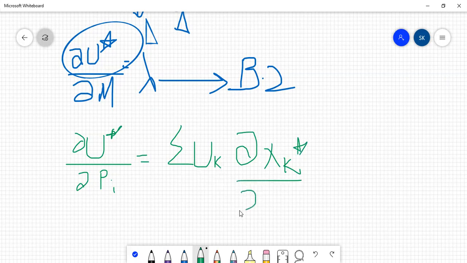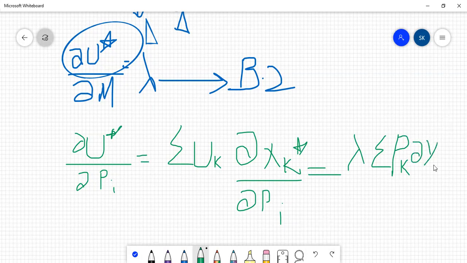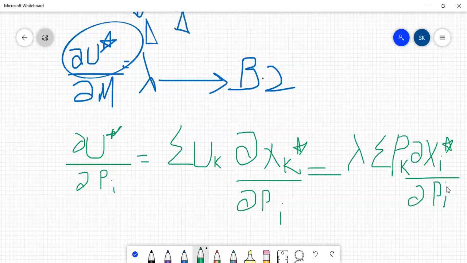This whole is now the version of the envelope theorem, which will give us the value of lambda, summation Pk, curly Xi star with reference to curly Pi. So this is what we get after finding the change in the Pi on U star as a version of the envelope theorem.